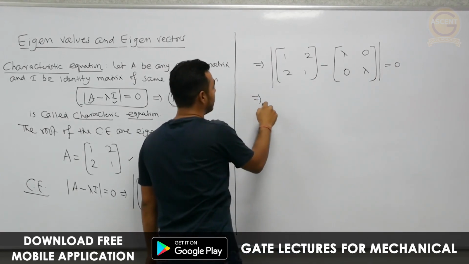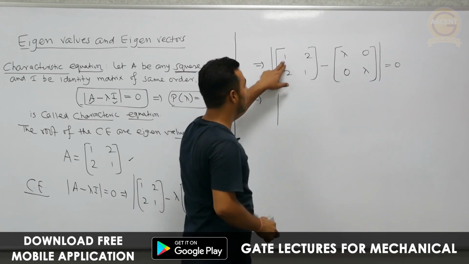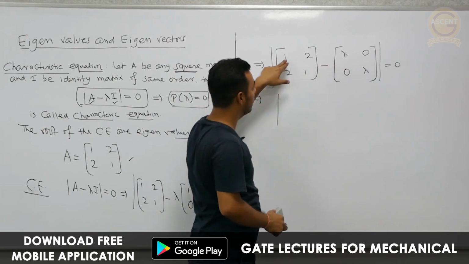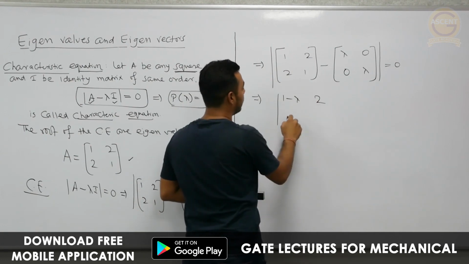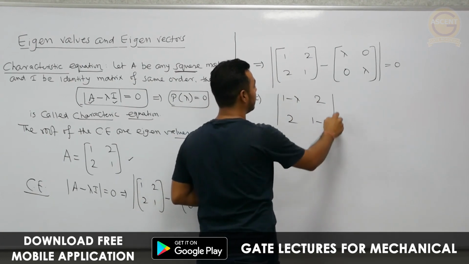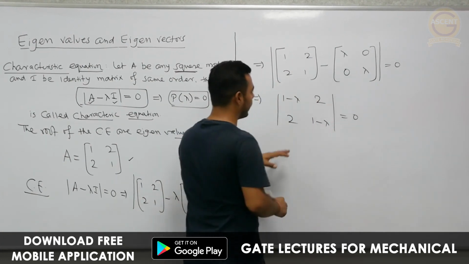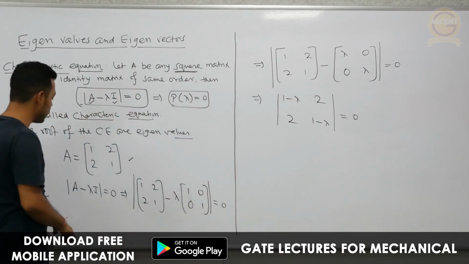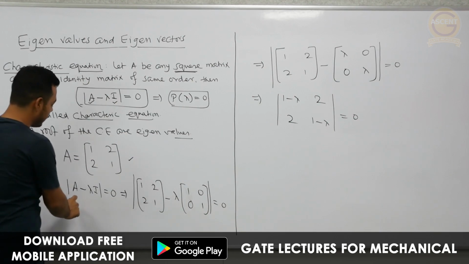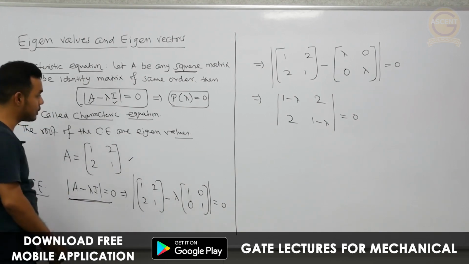Now we have to subtract lambda from the diagonal elements. So I get 1 minus lambda, 2, then 2, 1 minus lambda, and this equals 0. So this is your characteristic equation. Only to explain the concept I have written all the steps, otherwise you can directly start from determinant of A minus lambda I equals 0.